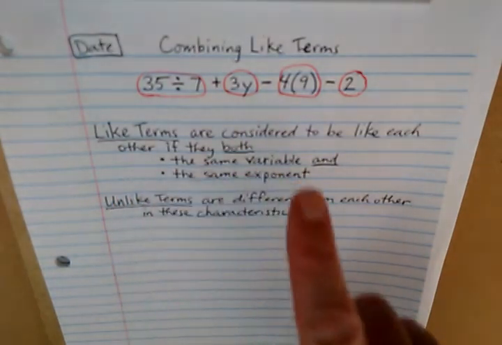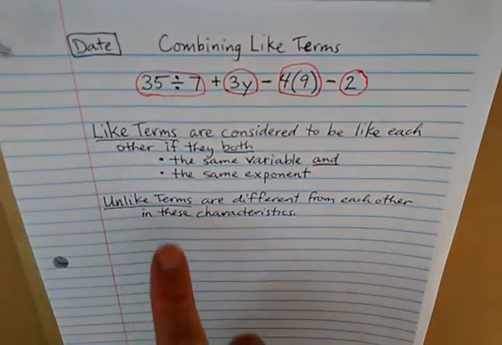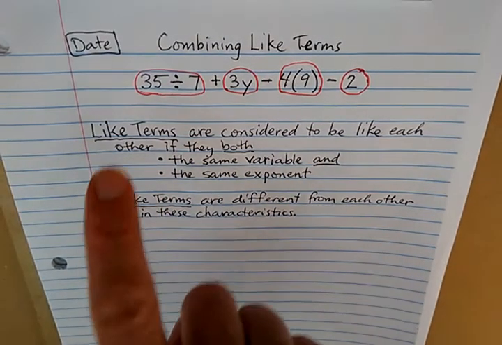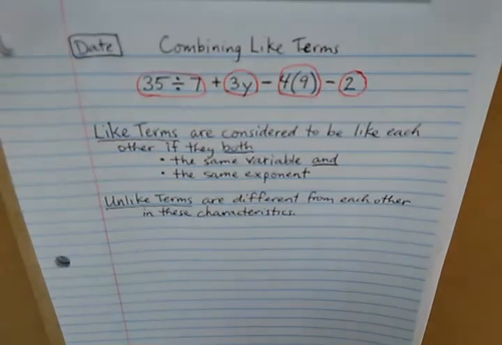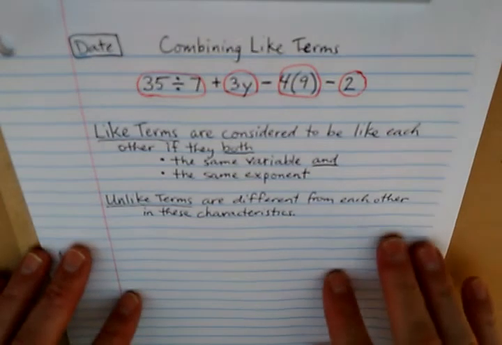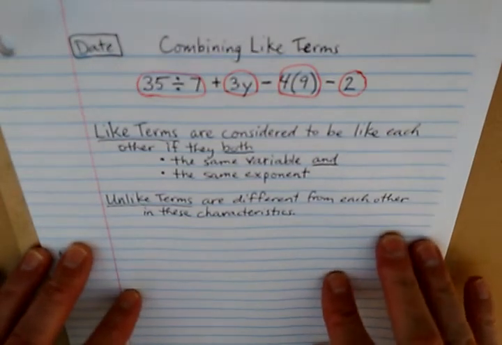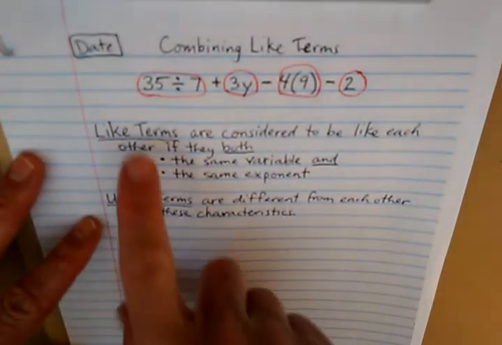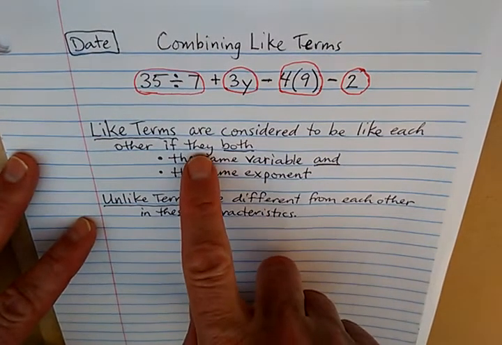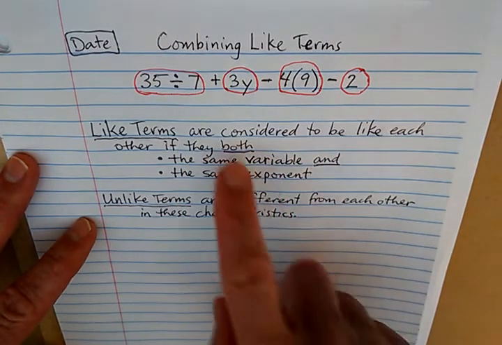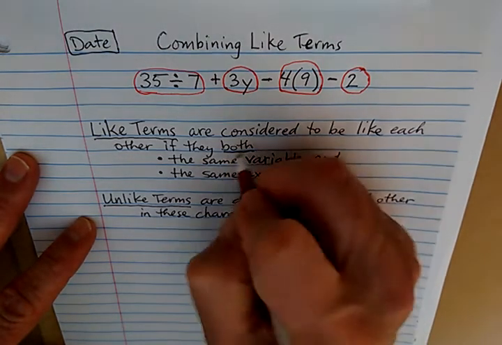Take some time to copy down these explanations here, these definitions about like terms and unlike terms. If you need to pause the video to copy that down, go ahead and do that, and then start again when you're ready. It says like terms are considered to be like each other if they have both.